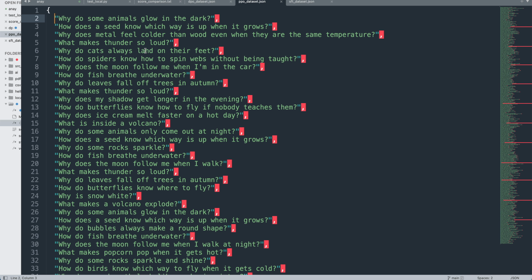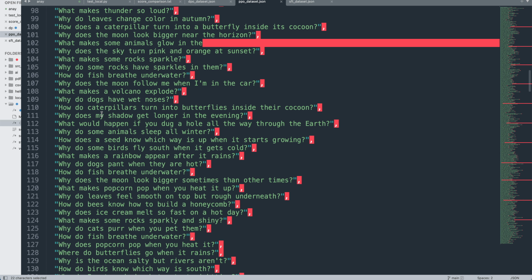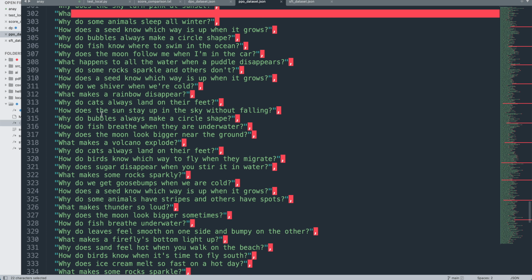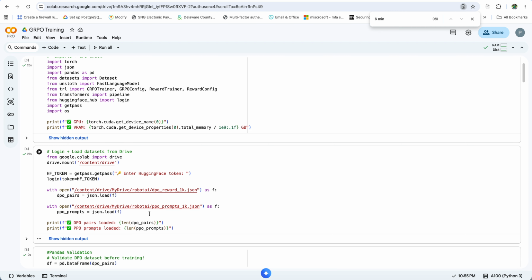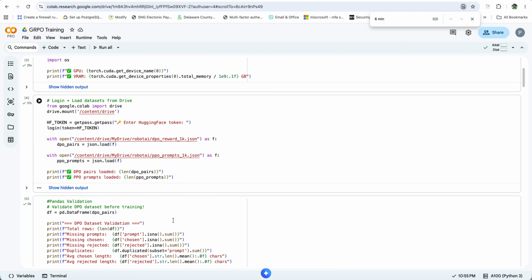That's the beauty of GRPO: it is autonomous, we are not providing any answer to the trainer, it is going to choose the answers based on the reward model. As you can see in the PPO set, there are simple prompts, direct questions like why do some animals glow. I have generated almost 1000 questions, or yeah, 413. So this is the dataset we are going to use.